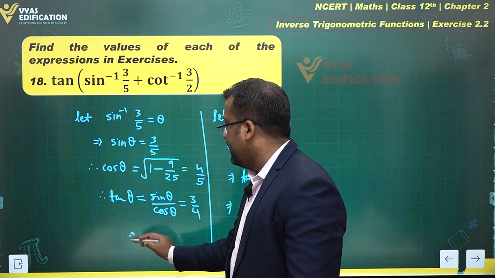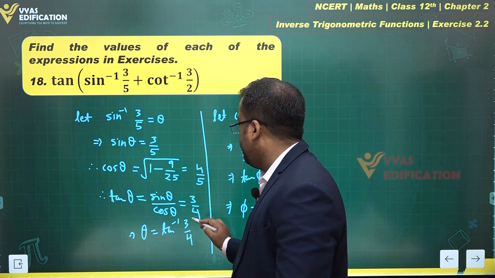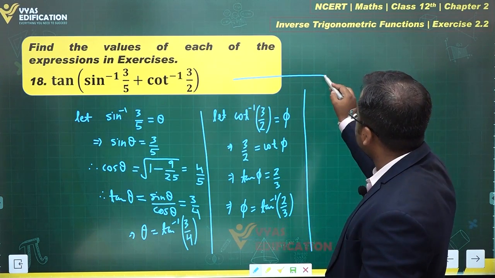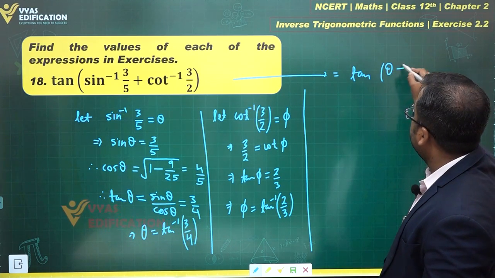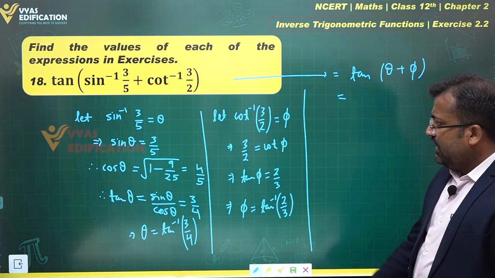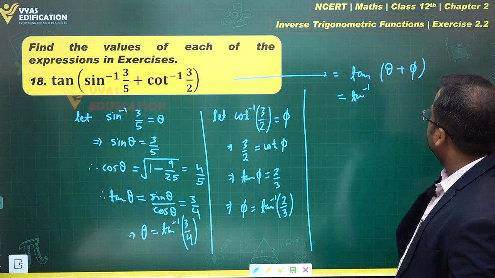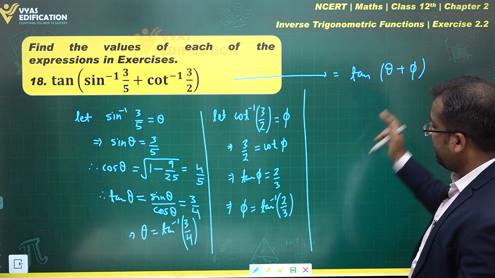Similarly here, you get that theta is equal to tan inverse 3 by 4. Therefore, this expression is equal to tan of theta plus phi, where theta is tan inverse 3 by 4, phi is tan inverse 2 by 3.